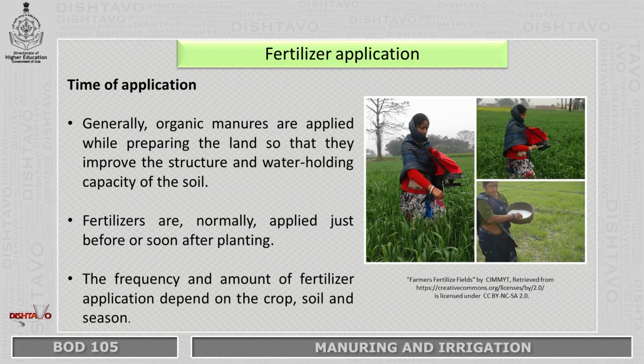The frequency and amount of fertilizer application depends upon the crop, soil and season. In the picture, you can see the lady applying the fertilizers where the plant is fully grown, and also applying the manure in the field where the plants are in the smaller stages.